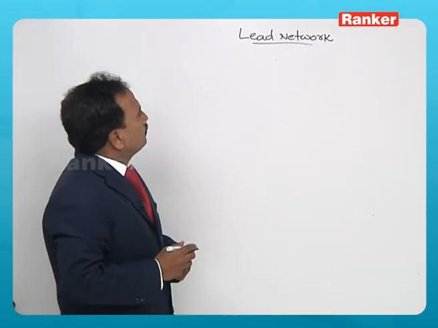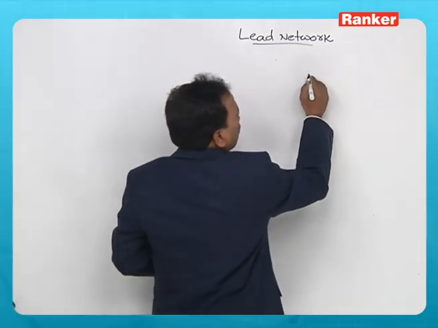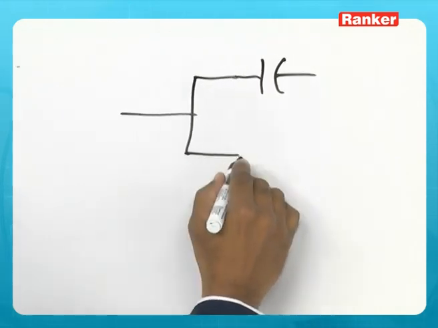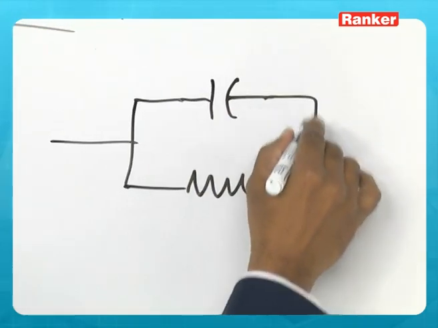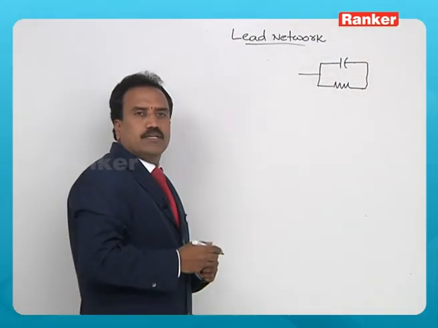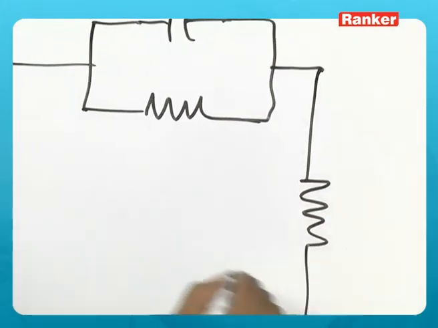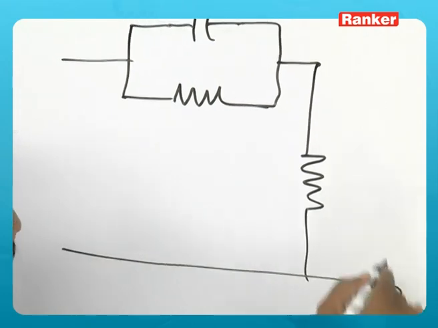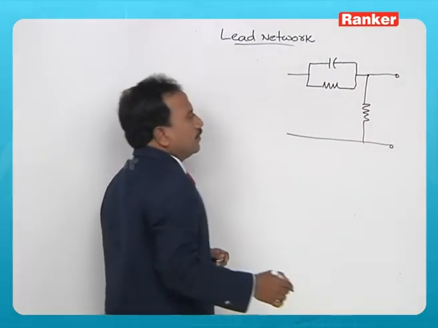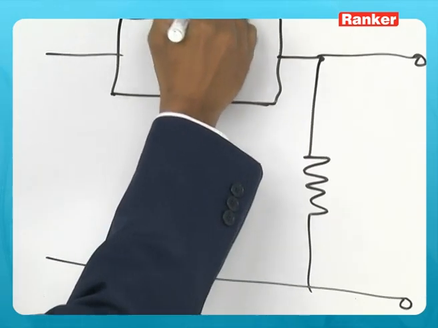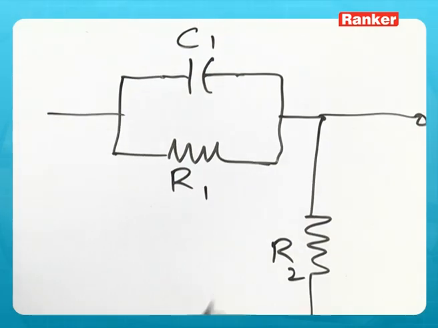Lead network consists of R and C in parallel, and then another resistance. Let us call these R1, C1 and this is R2.